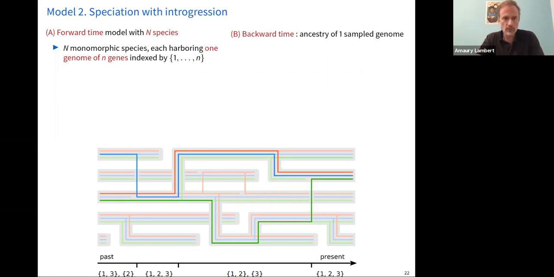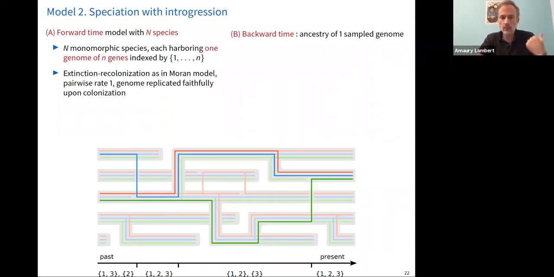So the model goes as follows. You have a model in forward time, and in backward time, I will look at the ancestral partition. You start with n monomorphic species, meaning that you don't consider the polymorphism inside the species, so you only have to keep track of one genome of n genes inside each species.